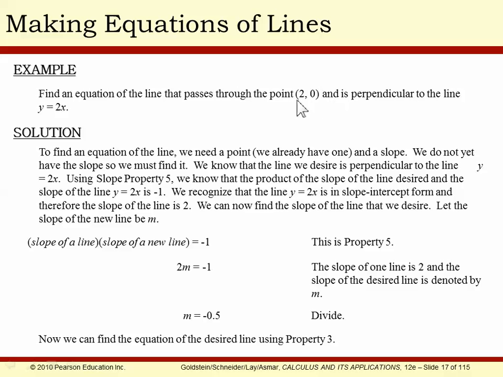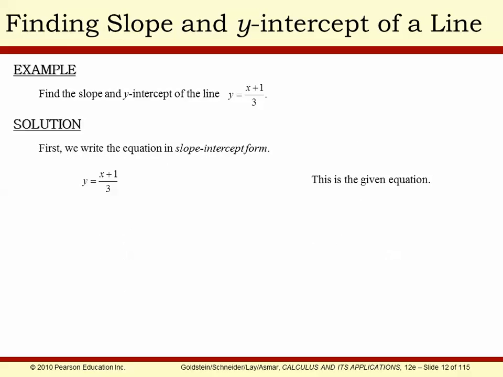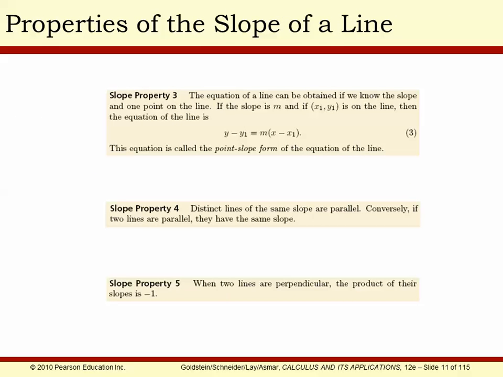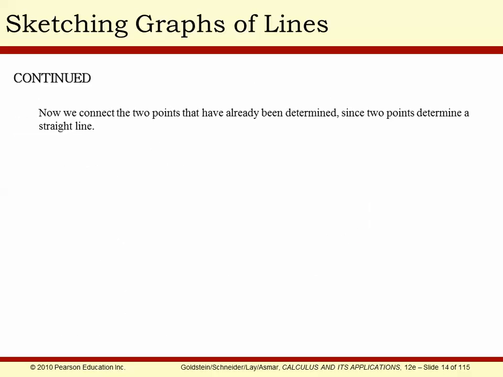To find the slope, though, we're going to use a previous property, which is property number 5. If we take two perpendicular lines and multiply their slopes together, we get -1. Okay? So let's go back to this question.